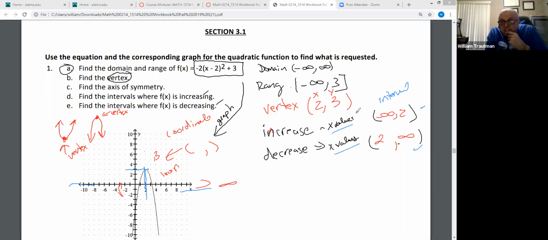That's why I have the X values for increasing or decreasing. It's increasing from negative infinity all the way up to 2, the X value of 2. And then it's decreasing from the X value of 2 all the way to positive infinity. Does that make sense? I don't want to know how high it goes. I just want to know where it's increasing or decreasing.